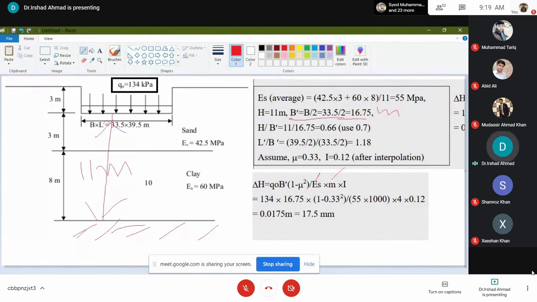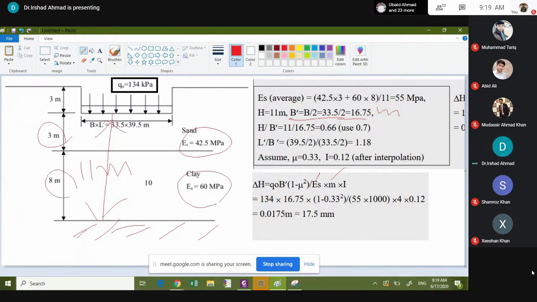ES is the weighted average value. 42.5 into 3 meter plus 60 MPa into 8 meter, divided by 11 meter.